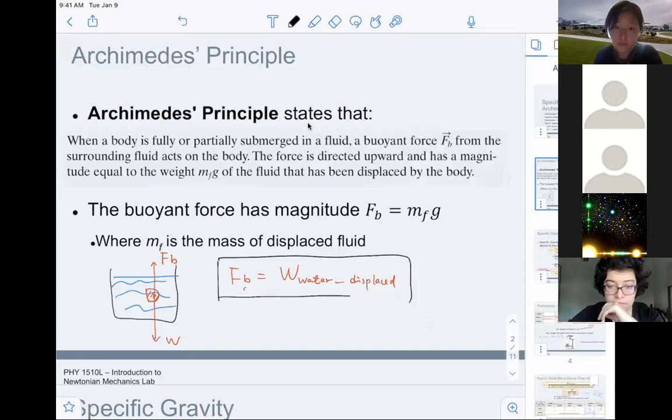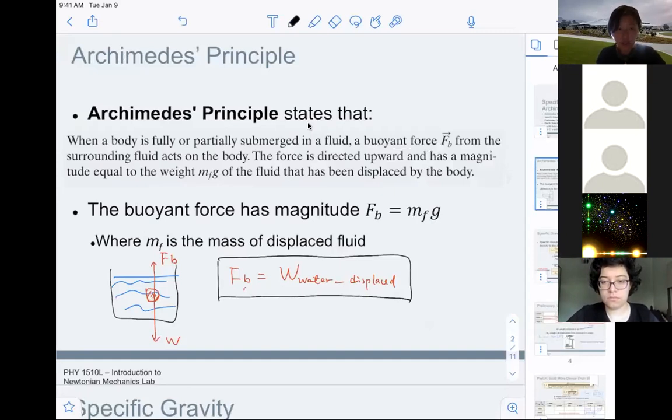Okay, that's it. Of course, at the same time, the object has its own gravity. So if the buoyant force is enough to balance its own weight, the object will stay afloat. If your buoyant force is smaller than the weight of the object, then the object will still sink to the bottom because it's not enough to lift it up.